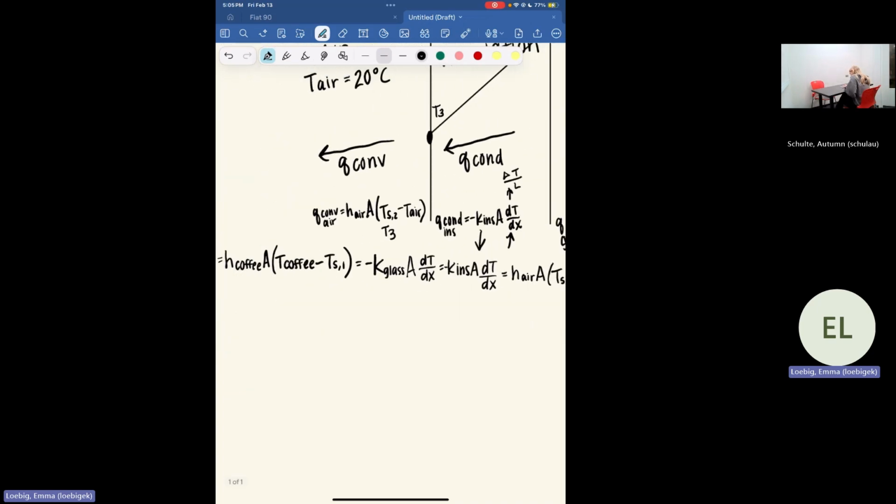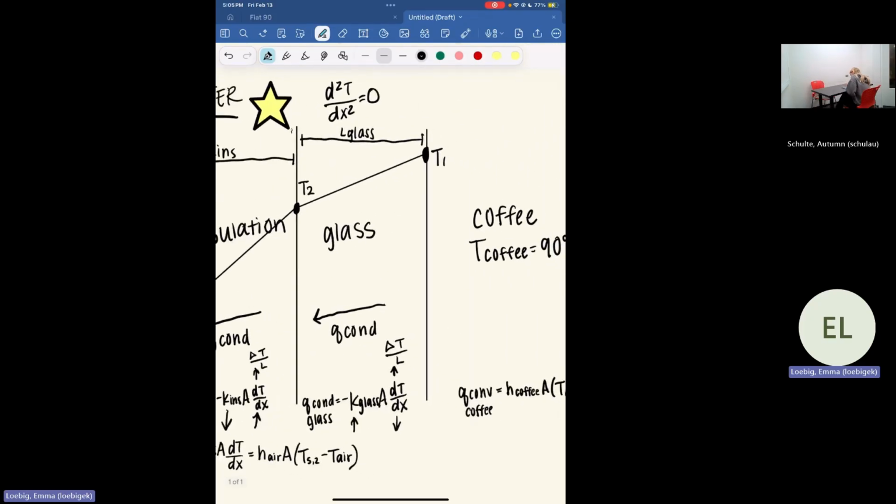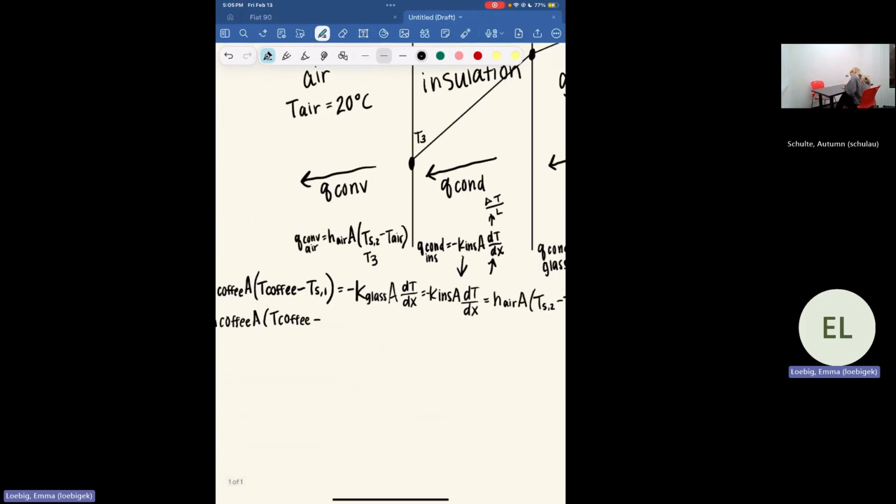So let's plug in values for those. We said Q is equal to the heat transfer coefficient for coffee multiplied by the area multiplied by the temperature of the coffee minus the temperature at this surface, which is now T1.